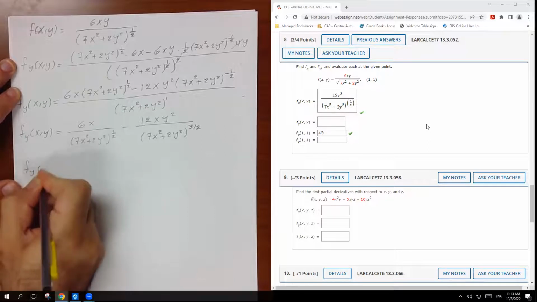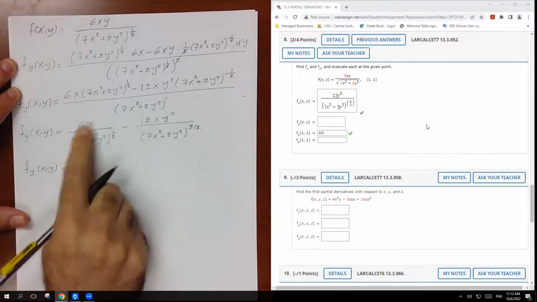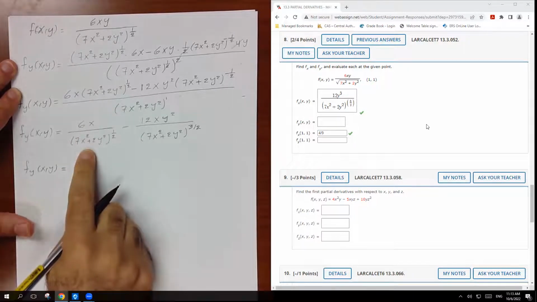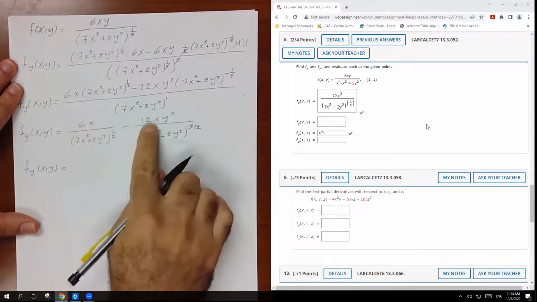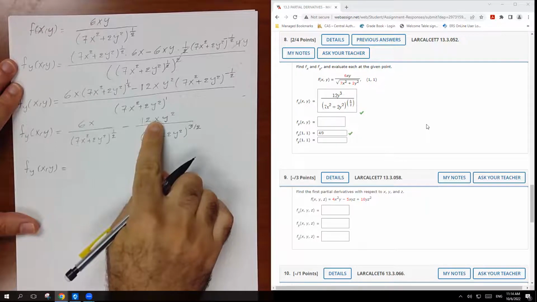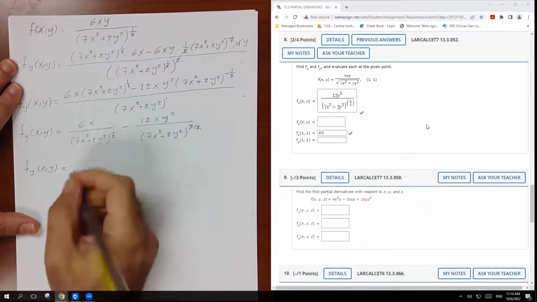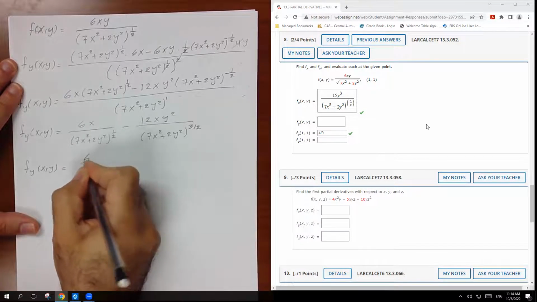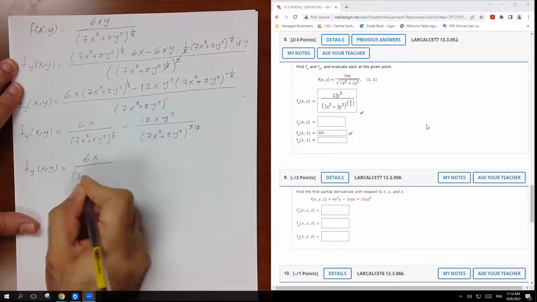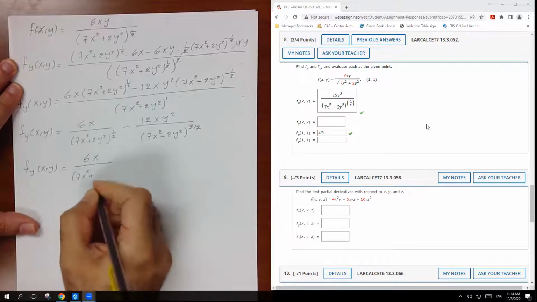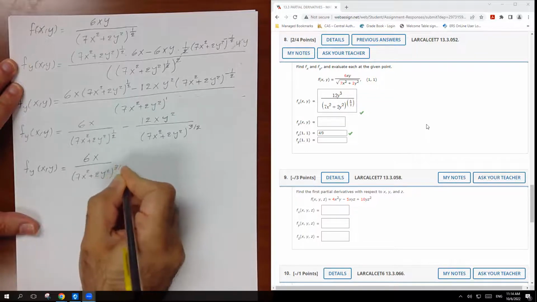Now f sub y of x, y is going to be equal to 6x. We're going to factor out from these together, 6x from here, 6x from here. And from the bottom part, I'm going to factor out this one. So it's going to be here 6x, and from here, I'm going to factor out 7x squared plus 2y squared to the 3 over 2.